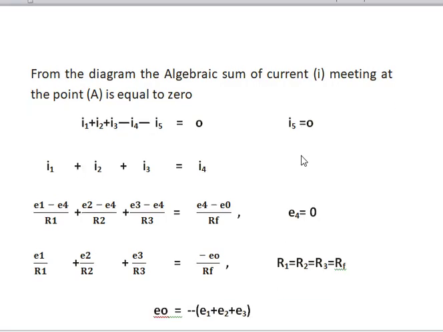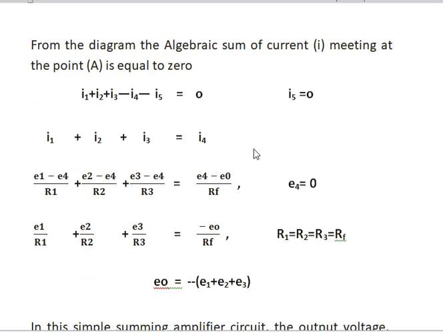Now let us discuss. We know already about the inverting amplifier. This is also an inverting amplifier. It adds the input voltages and gives the output as the addition.